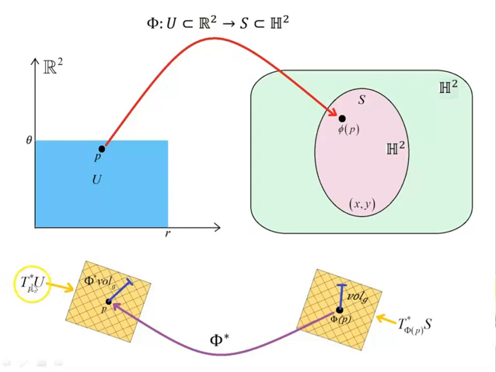That's the cotangent space to the manifold U at the point P, and the cotangent space to S at the point phi of P here. Okay, and phi star is the pullback of this volume form here to here. So the volume form on here, we will pull back to here to make the task of integration over this manifold easier by pulling back to a Euclidean domain.